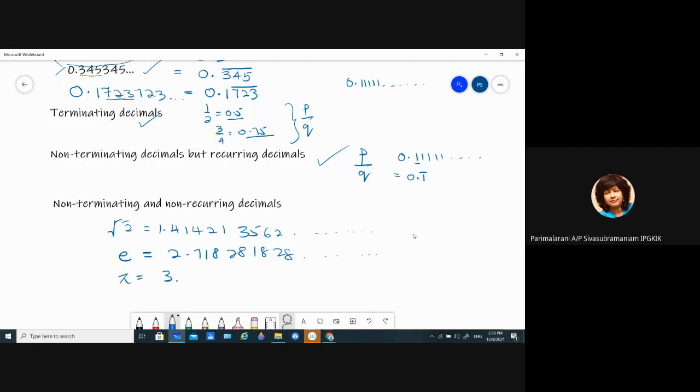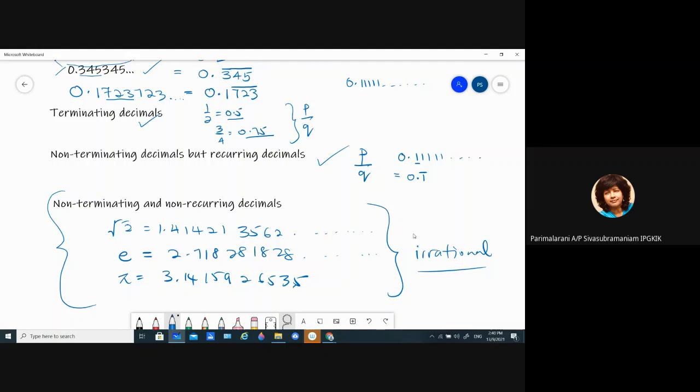The same characteristic holds for pi. These are all classic non-terminating and non-recurring decimals. These decimals are not rational numbers. They cannot be written in the form of P over Q. If they are not rational numbers, then they are irrational numbers, which we will learn later in the next topic.